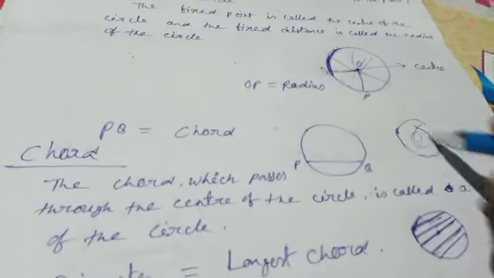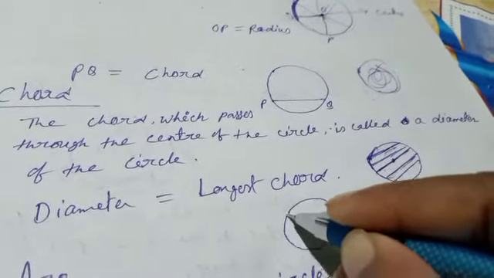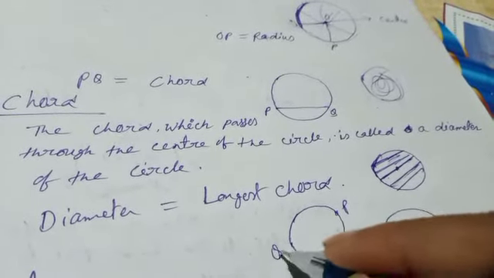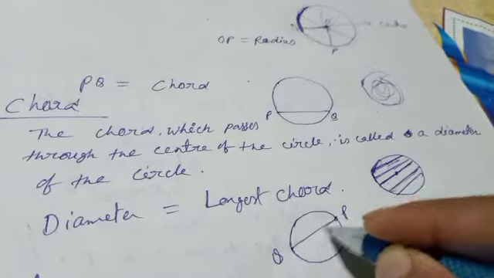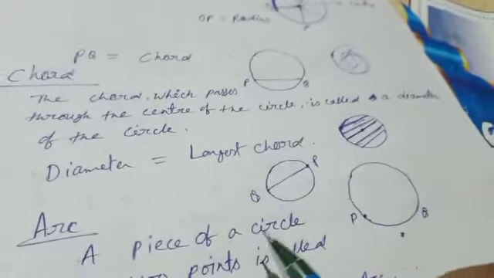Suppose this is a circle. On the circle you are taking 2 points. Suppose this is P and this is Q, or A, B you can take. If you join, this becomes a chord. This is the exact definition of chord. Clear?